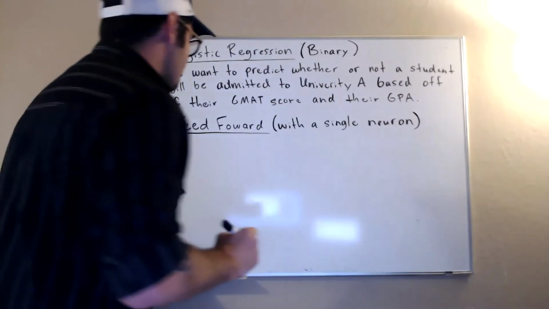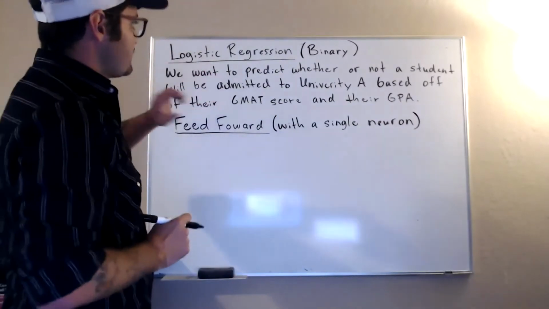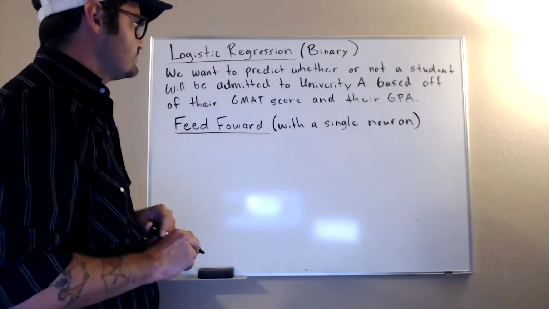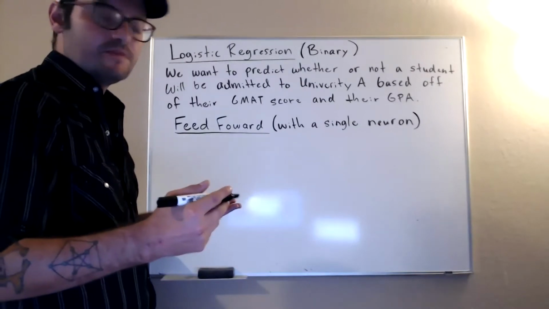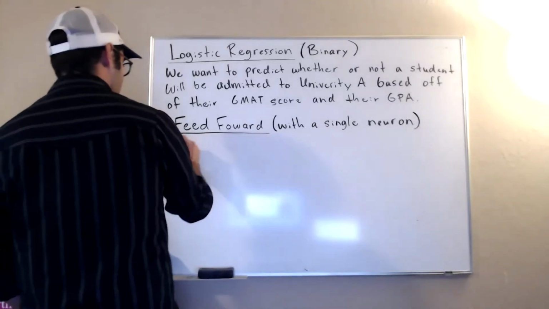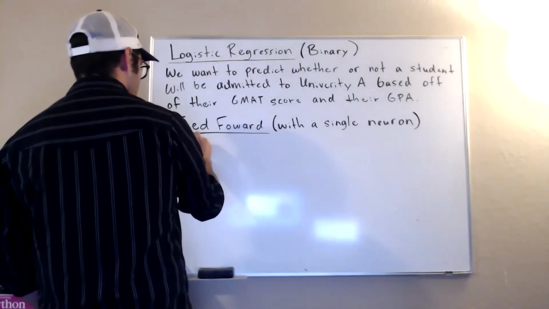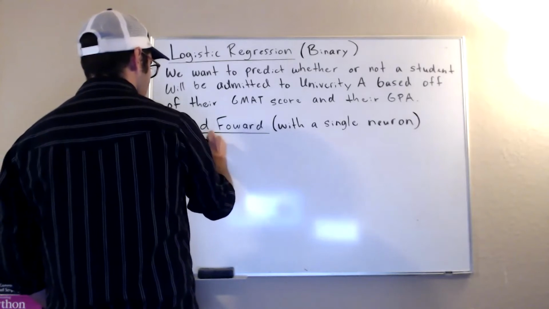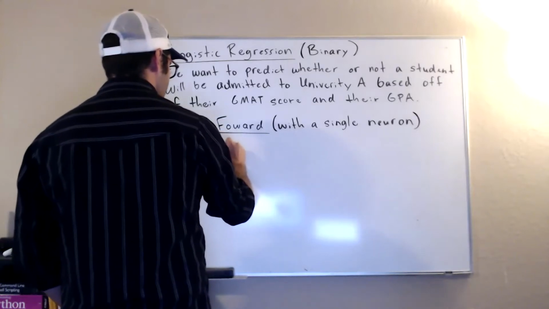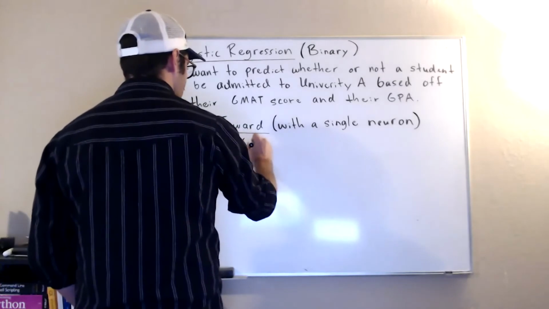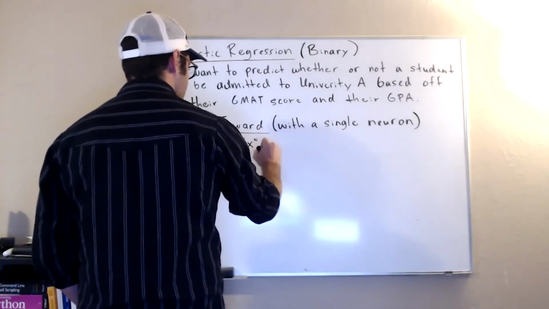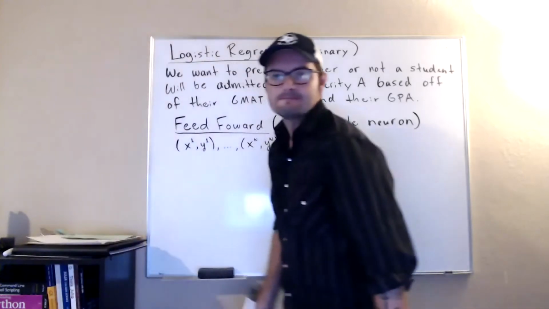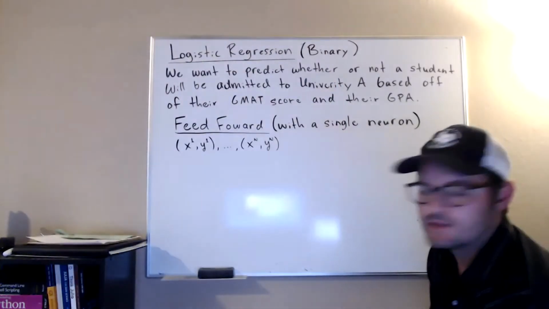Okay, so suppose for this example that we have n data points. So we have x1, y1, dot, dot, dot, to xn, yn.